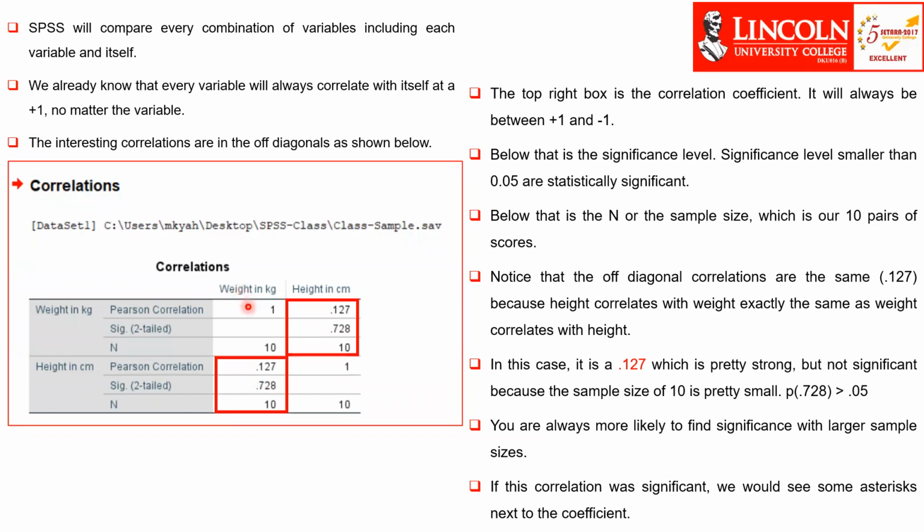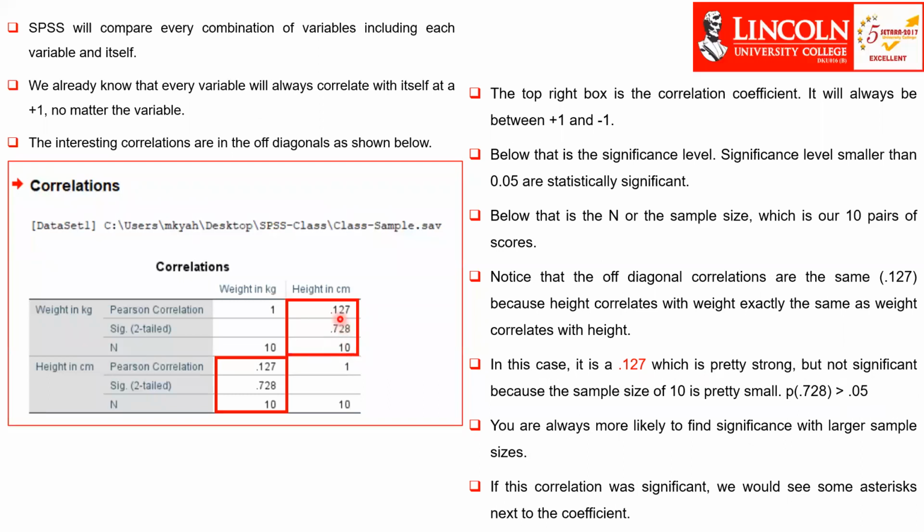So weight correlates with height at this value, and height correlates with weight at the same point. In this case, it is 0.127, which is pretty strong but not significant because the sample size of 10 is small.